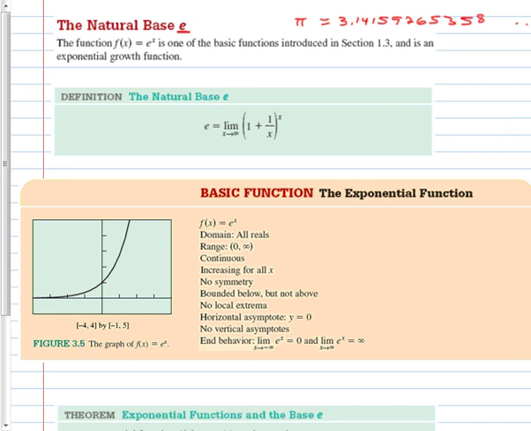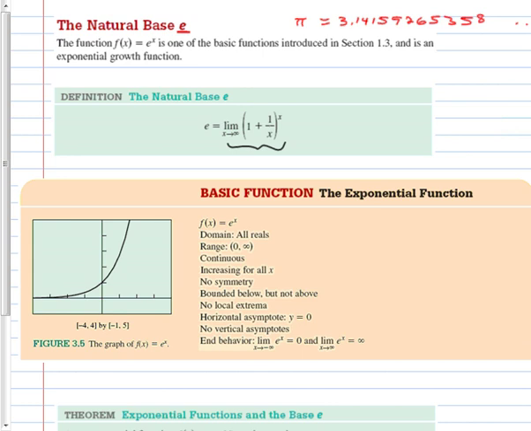e is also a number. It's an irrational number like pi. It doesn't come from a geometric relationship. It comes from an algebraic relationship, I guess we should say. Right here is one of the equations, and there's more than one way we can write how we get the number e.